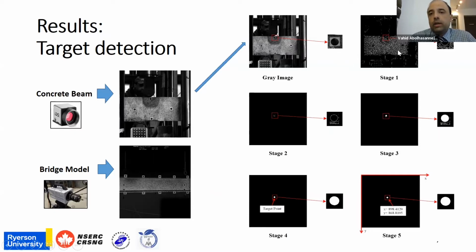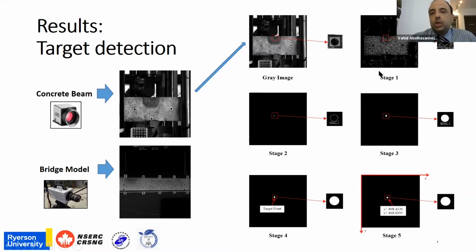In stage 1, we have used the Canny edge detection. You see the picture has changed compared with the first image. Using Canny edge detection, we are able to detect the boundary of objects, as you see here in stage 1.